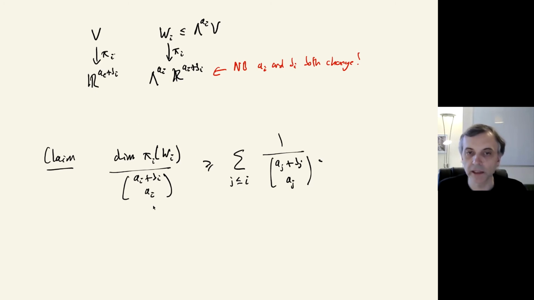So the fraction of dimension we get is at least the sum of 1 over A plus B choose A summed over what you've done so far. So it's accumulating 1 at a time. Okay. Right, and it ends up at most 1, so this must be at most 1 when we get to the end. Okay.